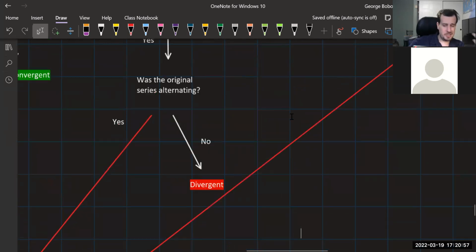So it's only the alternating series that really cause a problem here, right? So if you had a series like 1 over 3n plus 1, that is not an alternating series. And once you proved if it converges or diverges, you've checked absolute convergence at the same time.